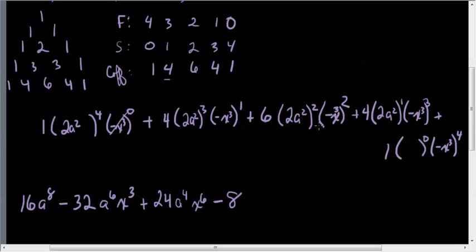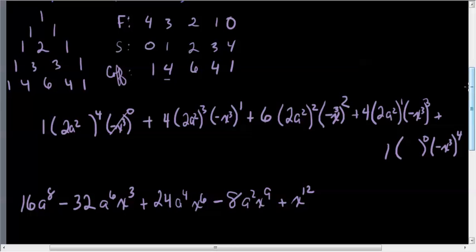Let's see, where am I? It's minus 8 a squared x to the 9th, and then plus the negative raised to the 4th power would be positive x to the 12th, plus x to the 12th. So that's the full expansion.